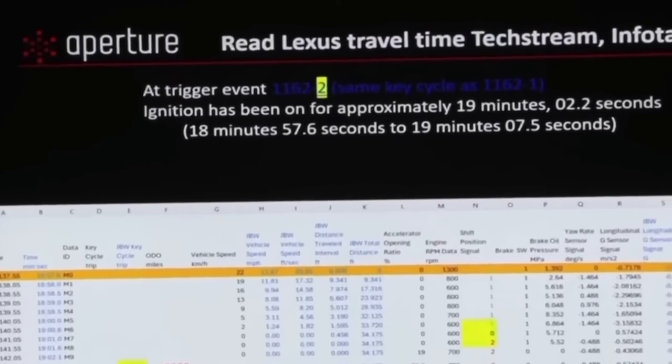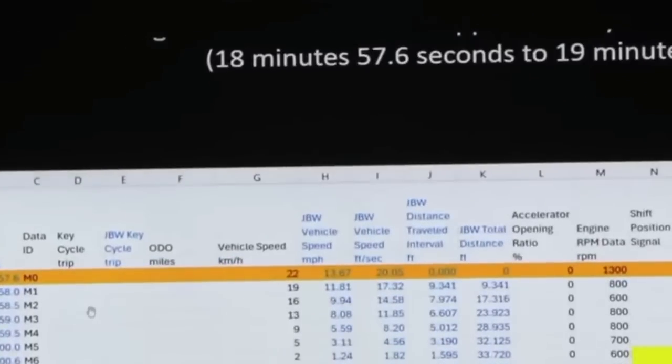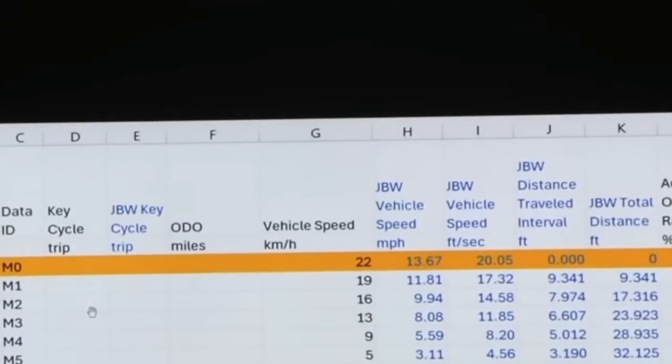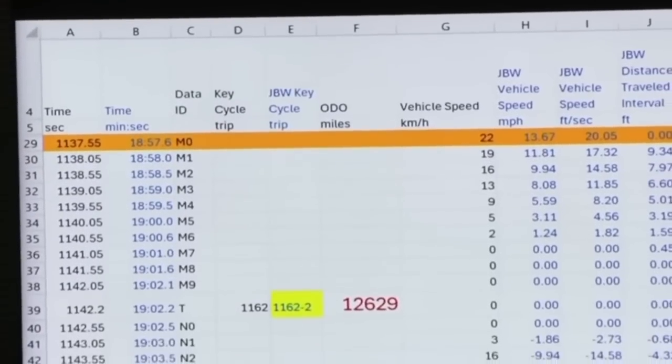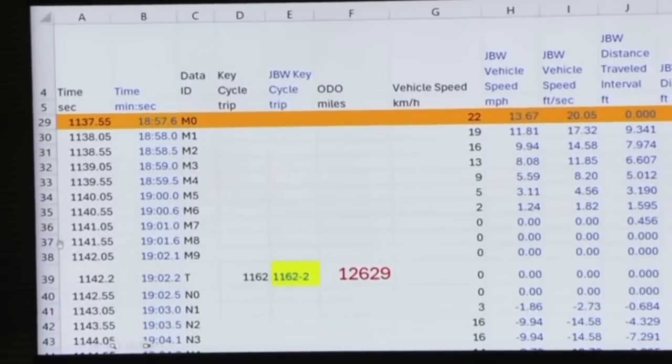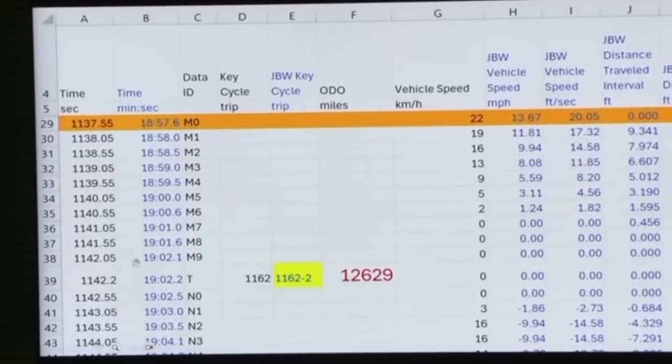Could you enlarge that, please? Which part? That part where your arrow is. You were speaking about the clock. Could you explain that so the jury can see? Sure. So again, this is continuous from when the time comes on. I just converted it to minutes and seconds here so you can see how long it's been on.